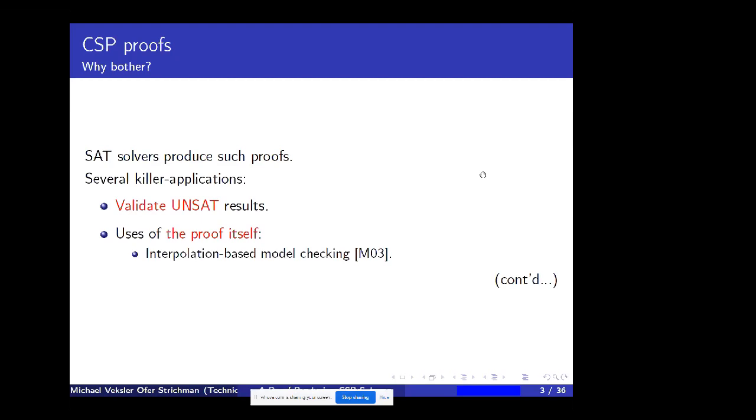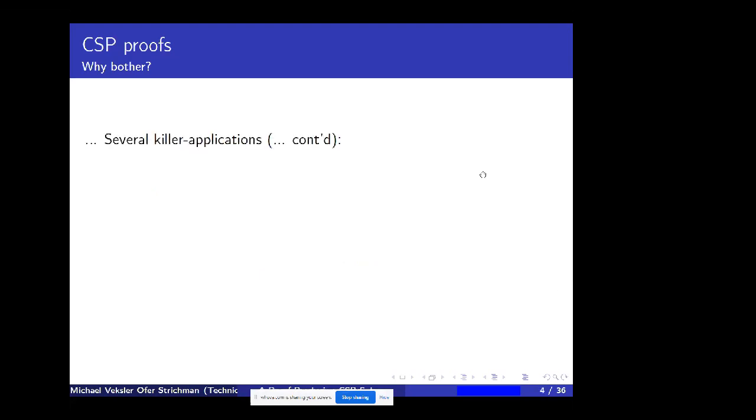Some of you might remember that about 17 years ago, Ken McMillan suggested a method called interpolation-based model checking, which is based on analyzing the resolution proof that the SAT solver produces and using the interpolant as part of a bigger loop with which you can actually do model checking.